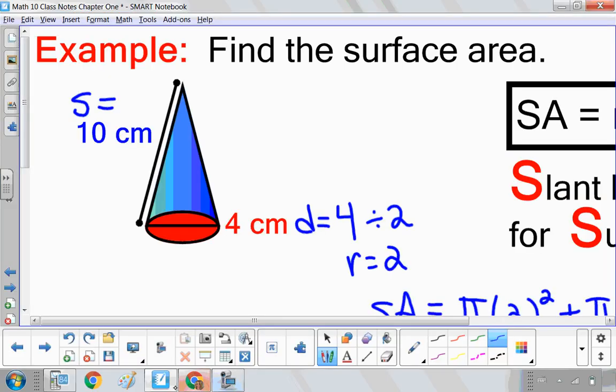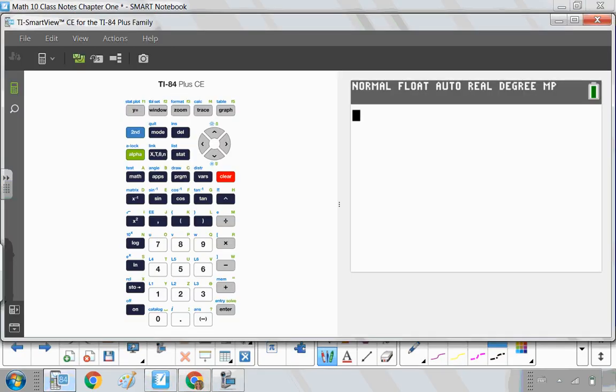So let me pull up my calculator. There it is. And we're going to enter in our equations. Pi is right above this little triangle, the exponent key. So second, and then I hit the key above the division. There's my pi. My brackets are above number 8. Then I put in the 2, close my bracket. My exponent key for squared is right over here.